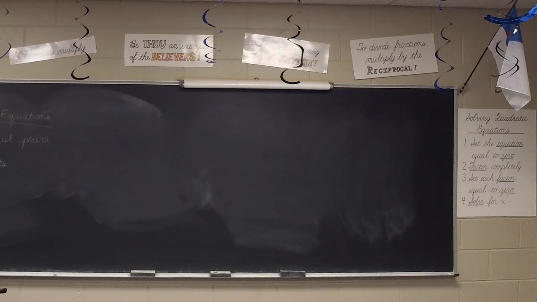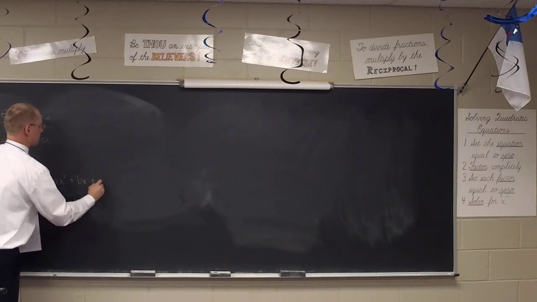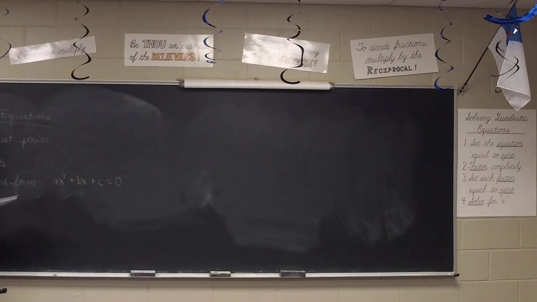Now, something that we haven't had you put down in your notes before necessarily is what we call the standard form of a quadratic. The standard form of a quadratic equation is ax squared plus bx plus c equals 0. On the surface, you're like, what in the world is happening here?